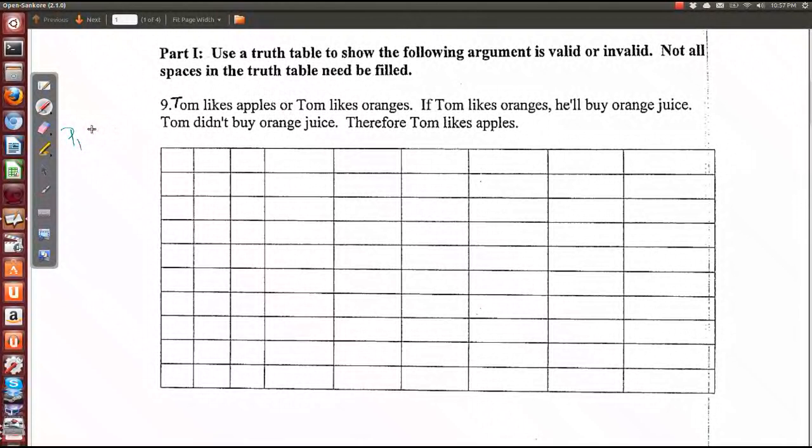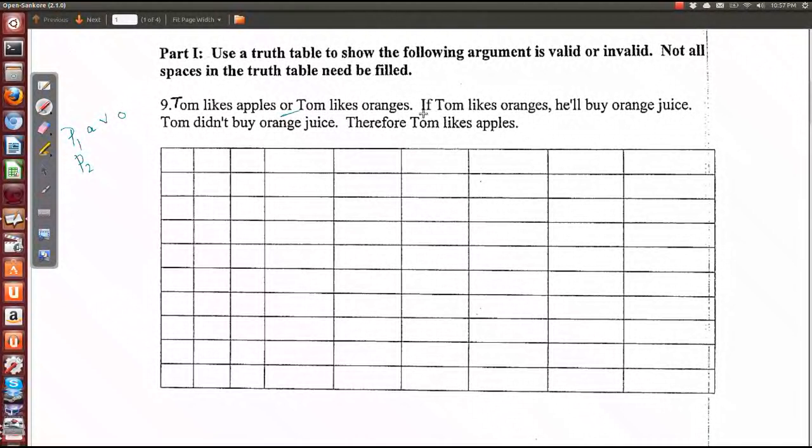So I'm going to use A as the statement for apples, O for the statement about oranges, and it's a disjunction because of my keyword or. My second premise deals with if Tom likes oranges, he'll buy orange juice.